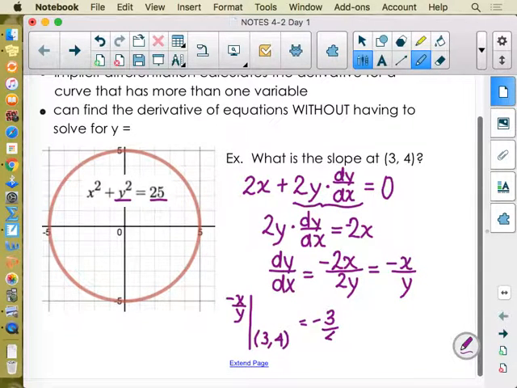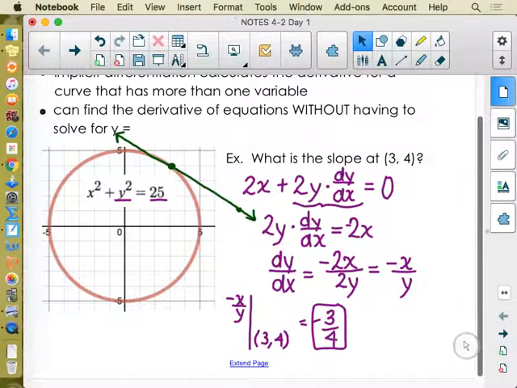So the value of that derivative, or the slope of the tangent at 3, 4, adding that point to the picture, is about negative 3/4. If I was doing that, I'd go down about 3 and over about 4. That's describing the slope of the tangent to the curve, or the instantaneous velocity at that particular location.